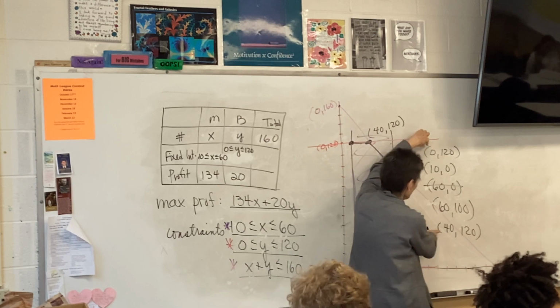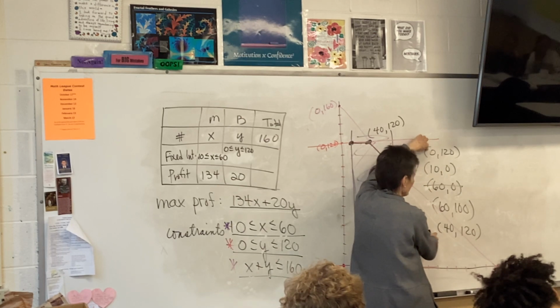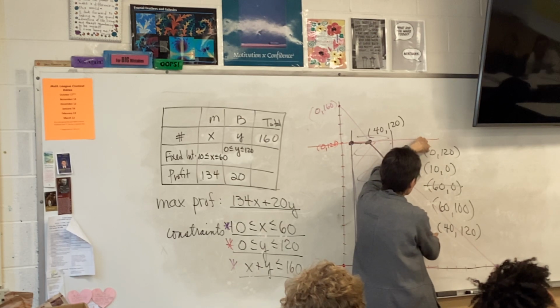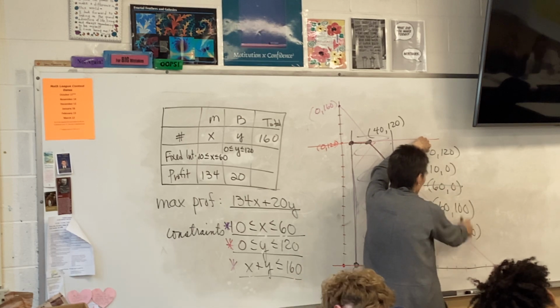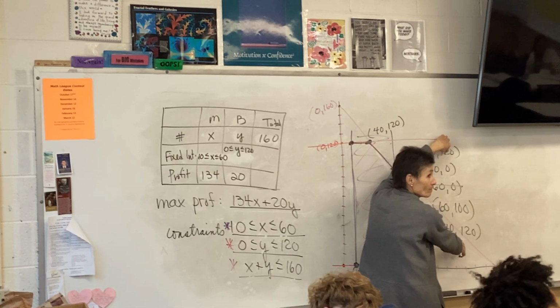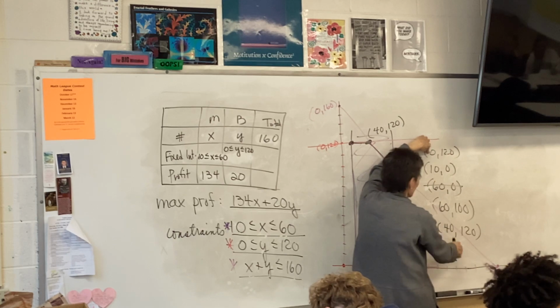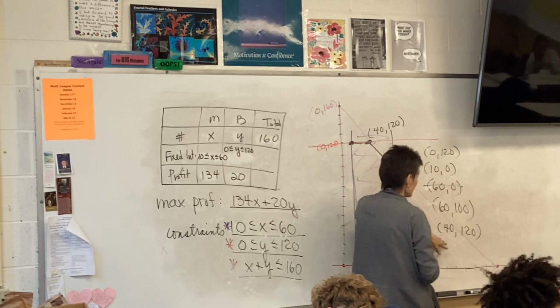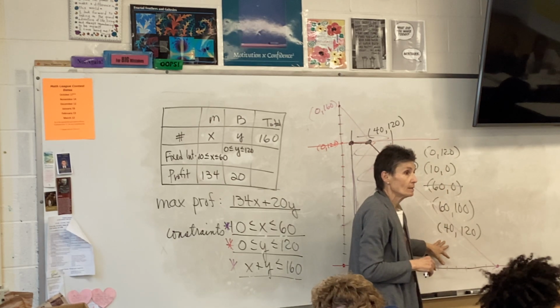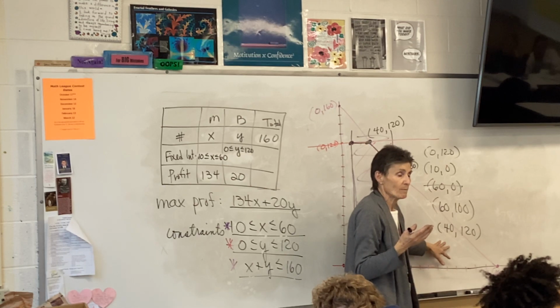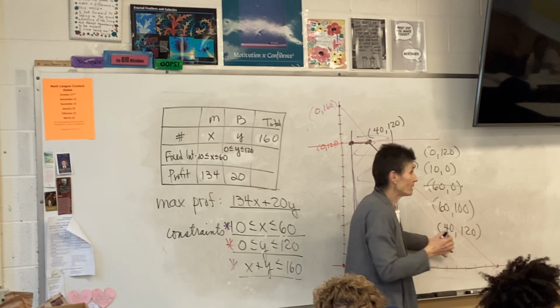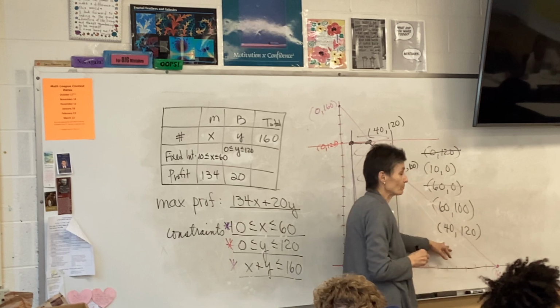Now, both of these right here say make 120 bicycles. You see that? This one says no motorcycles, and this one says 40 motorcycles. Which is going to be better for me? This one, right? So I'm going to cross that out.